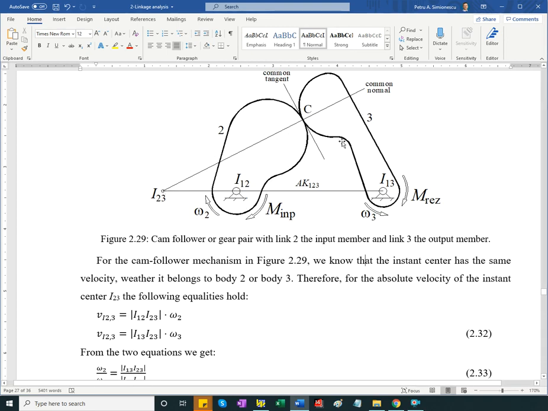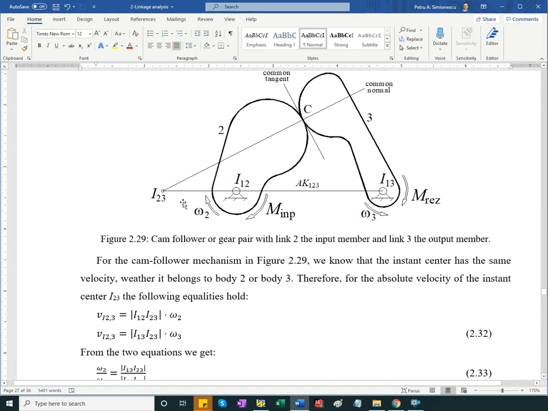Now from the perspective of body 3, the same instant center has velocity equal to the distance I13 to I23 times omega 3. These two are stated here.